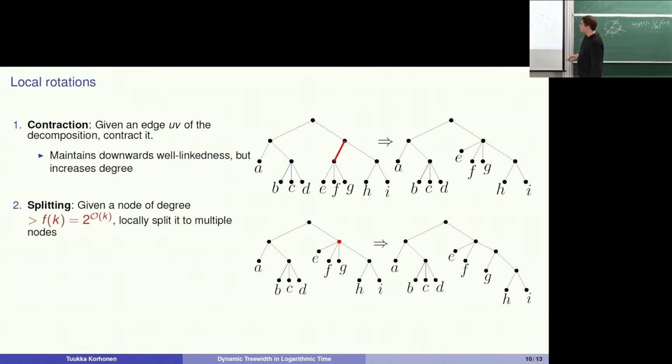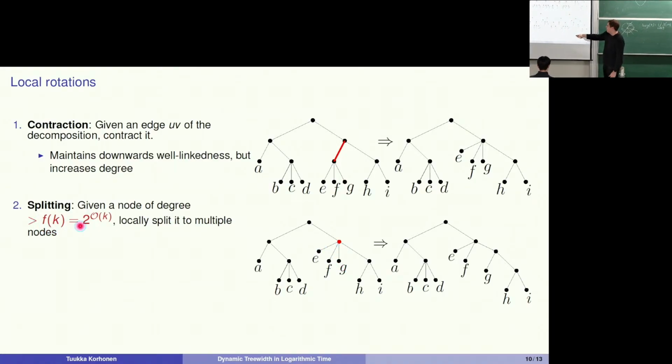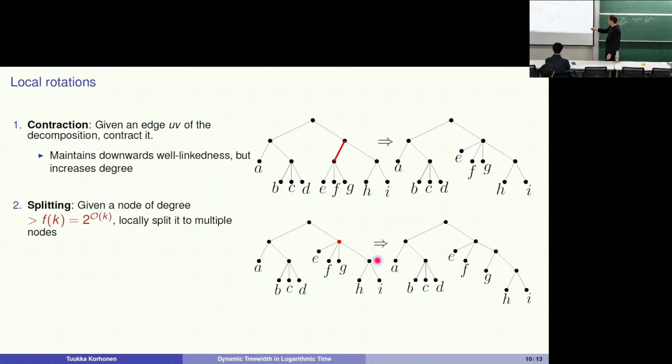Then we have another operation, which is used for decreasing the degree, which is a splitting operation. When we are given a node with high enough degree, the degree it needs to have is some exponential in k, we can locally split it into multiple nodes.